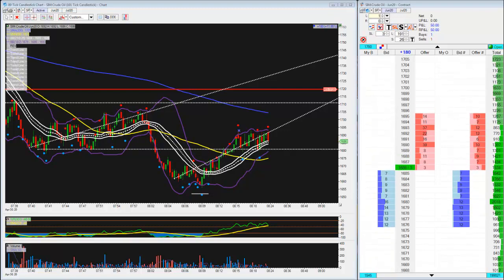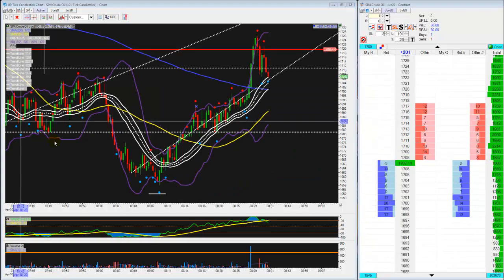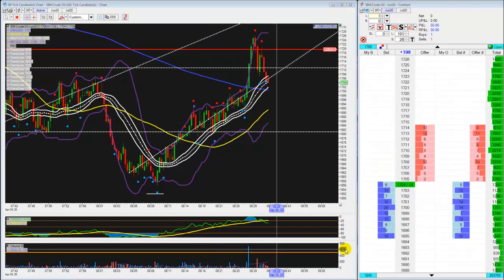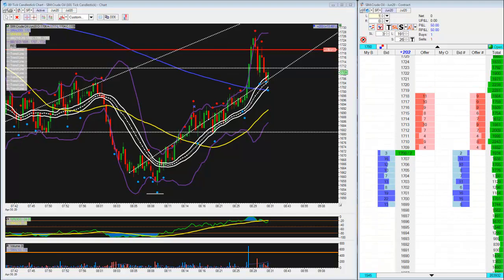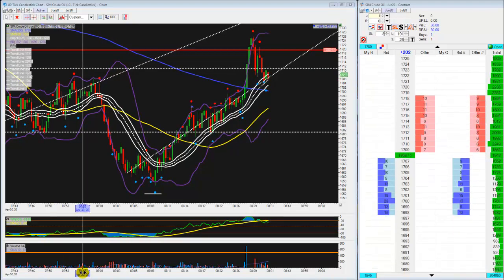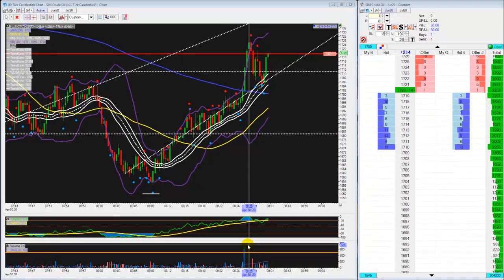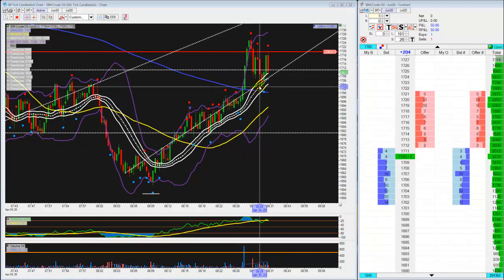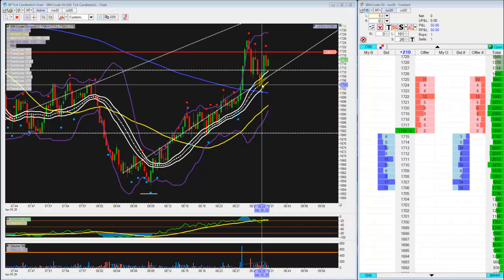Alright, let's pause until we figure out what's going on here. Alright, so we see our tiebreaker bar right there, 716. At 829, I'm going to be short right now.